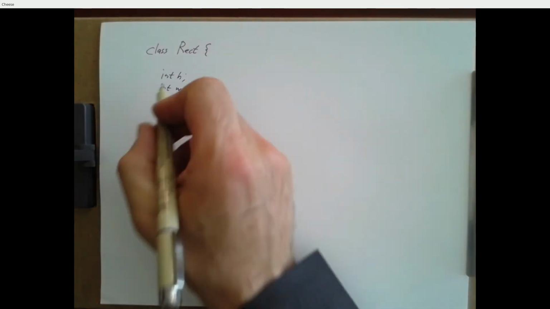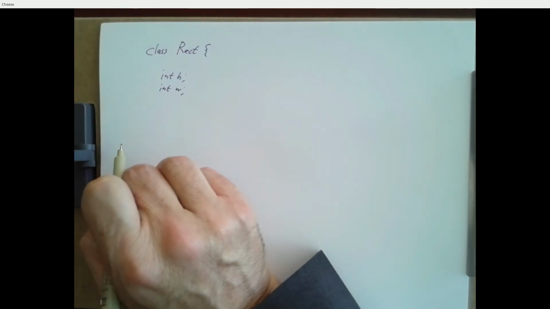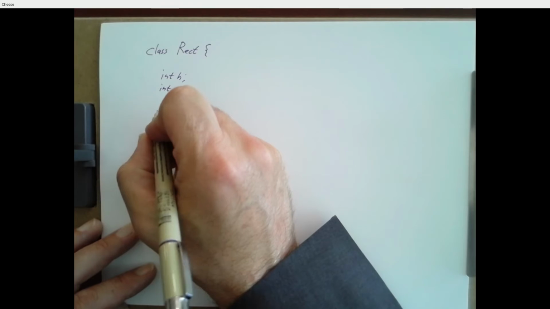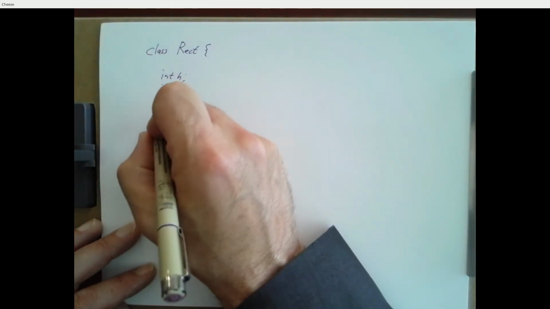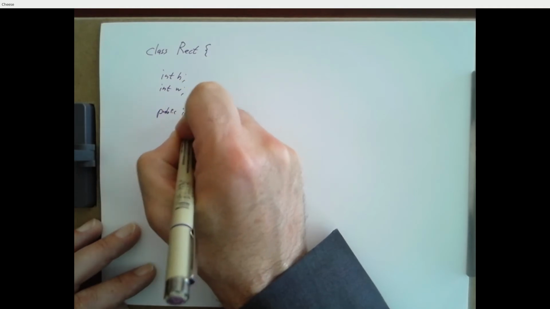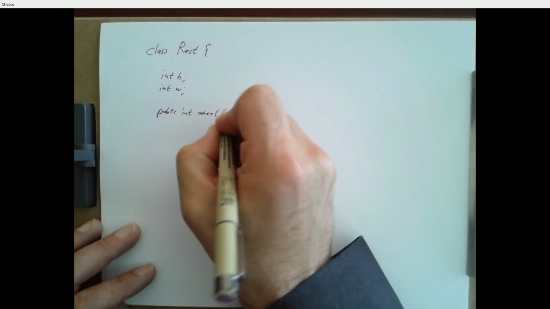And here's 2 fields. We call these instance variables. So each time you create a rectangle, you're going to have an H and you're going to have a W. And you might have an instance method like area.